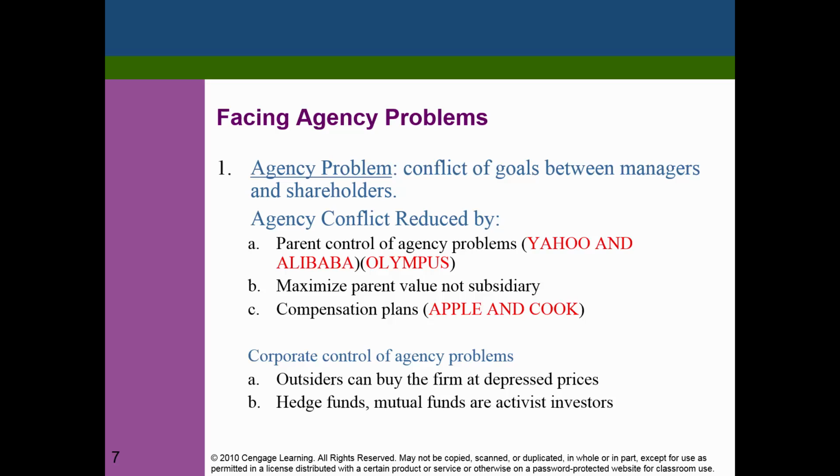So if you are a manager, you will try to do your best to make sure that the firm's stock price does not go down very much, because you know that you might lose control and you might be fired.